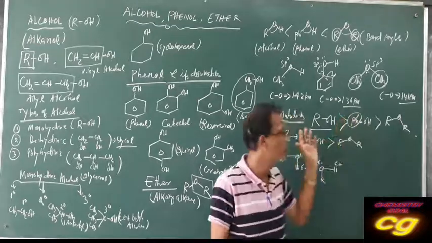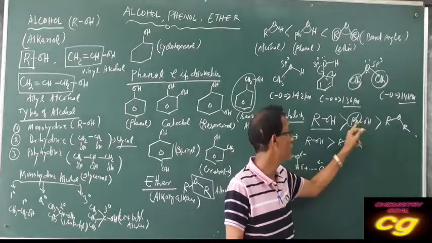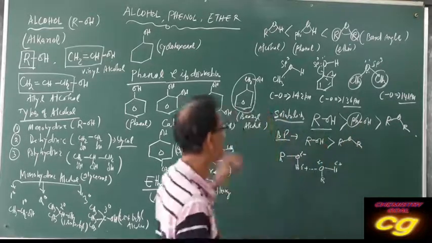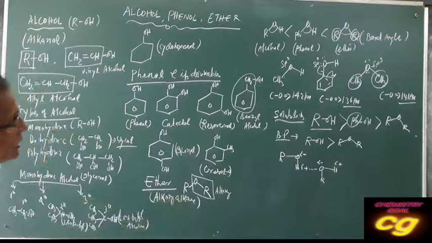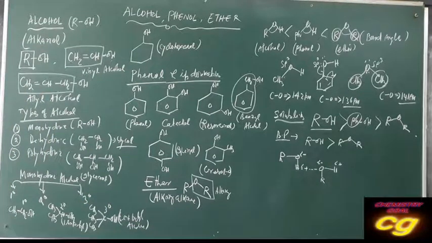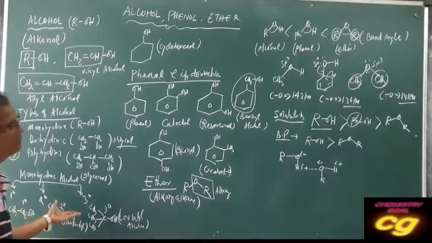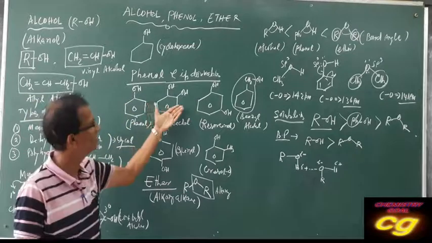Therefore, compared to alcohol, the solubility of phenol is less due to the phenyl group, benzene group. This is very important. And this is the hydrogen bonding of what? Alcohol.